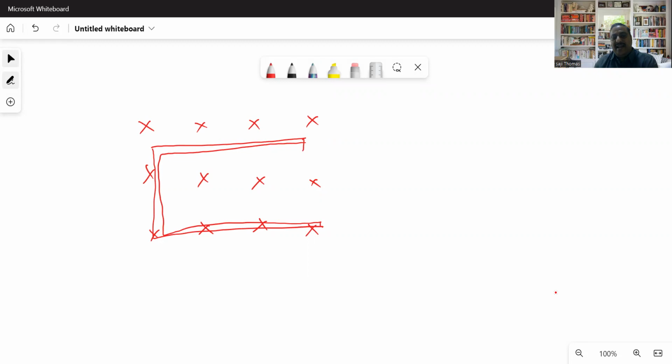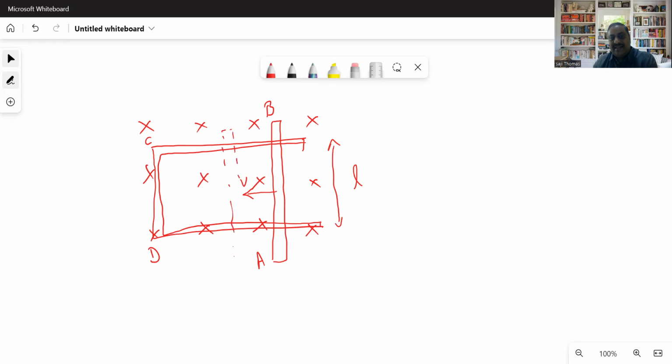Now you can move a conductor. This is a conductor, I name it AB. This is C and this is D. Suppose the length of the conductor is L. Suppose you move the conductor in this way with a velocity V. When you move the conductor, after some time it will reach here, so it sweeps an area.